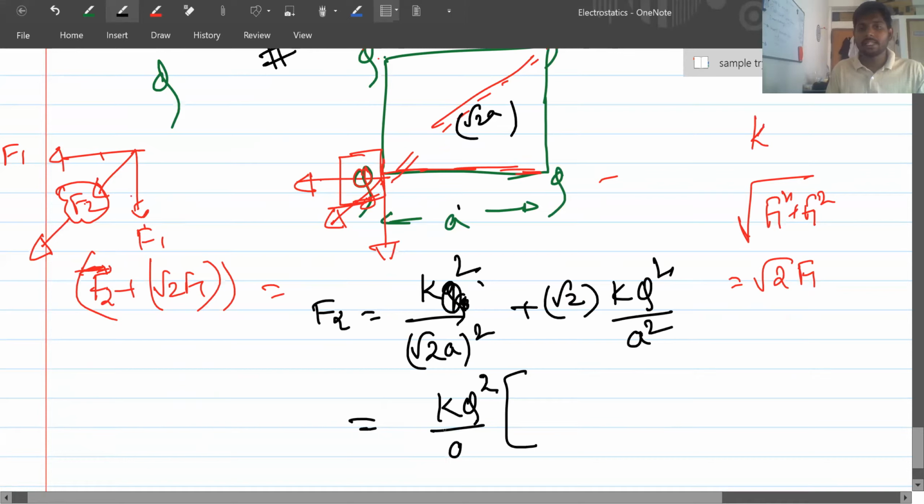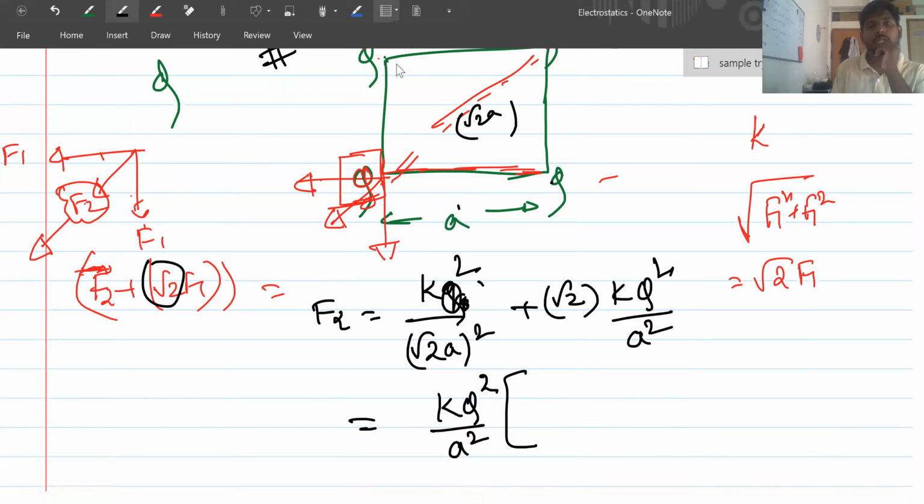Sir, actually, what did you do, sir? I understood the diagonal is root 2A, and you took the force between this charge and the opposite charge, R whole square, root 2A whole square, okay. And how about this, sir, root 2 F1?